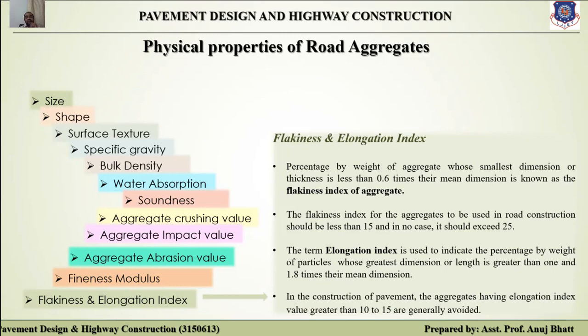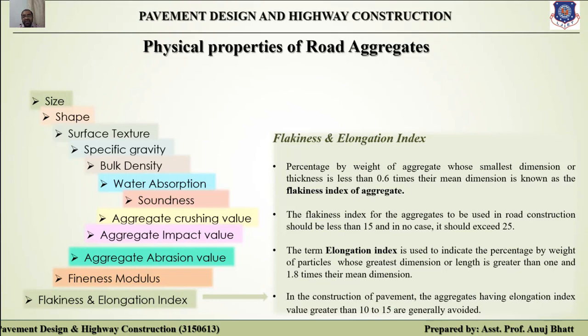The test is not applicable to aggregate sizes smaller than 0.3 millimeter. Such particles easily break under load, and therefore their use in pavement construction, particularly for the surface course, must be avoided. The flakiness index for aggregate to be used in road construction should be less than 15, and in no case should it exceed 25.